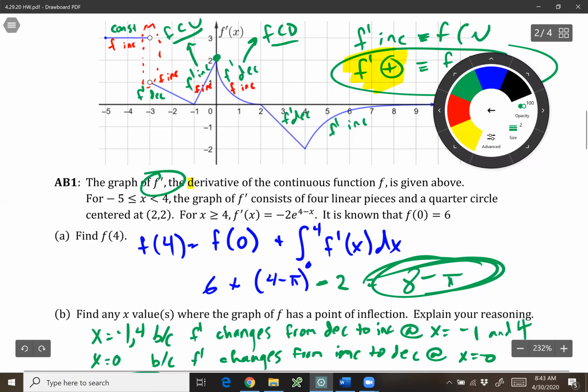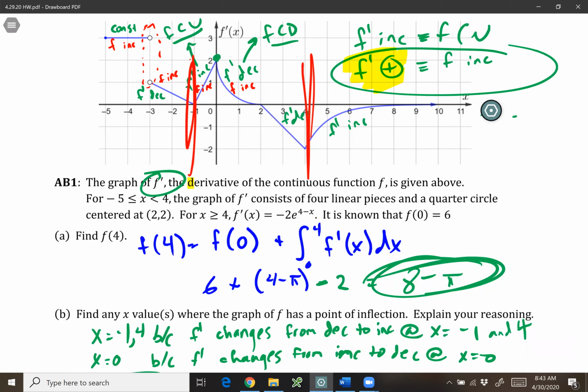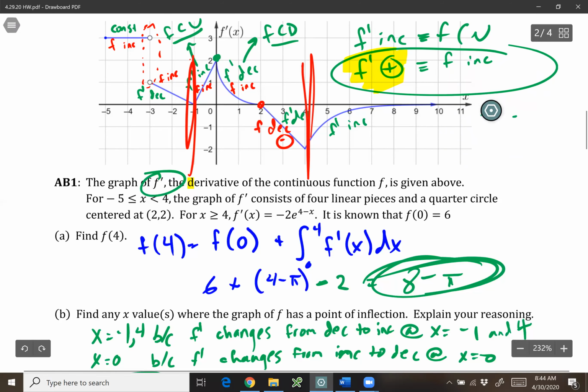So until 2 it was increasing because it was positive, and now after 2, it starts decreasing because it's negative.